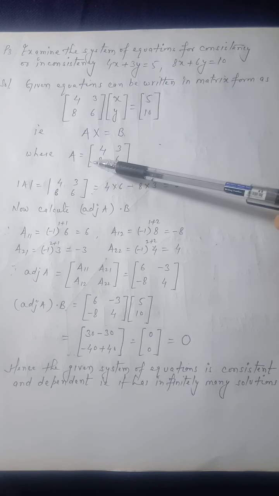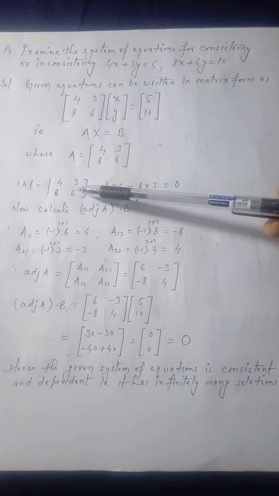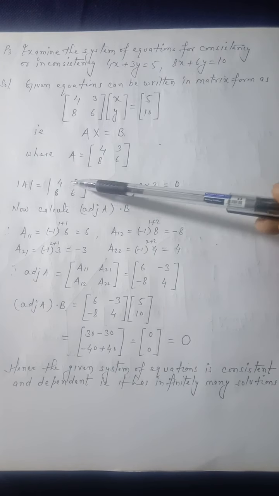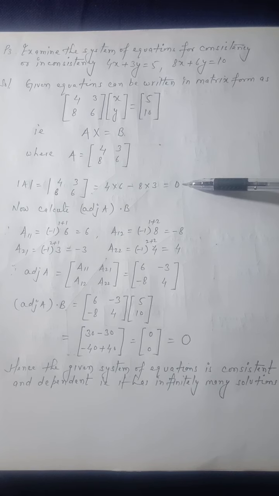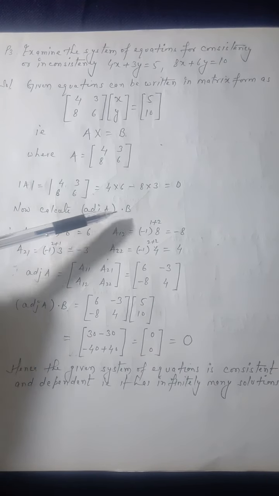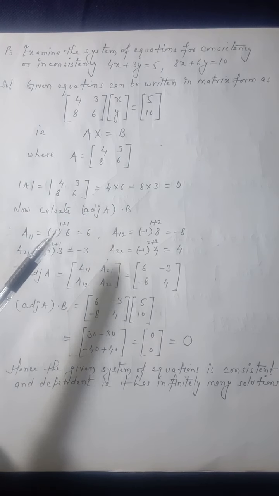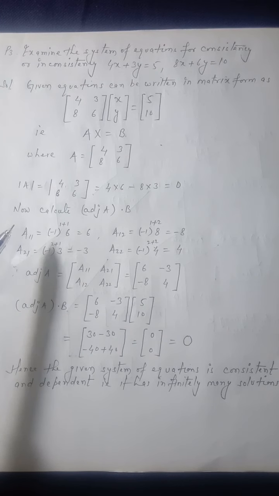First step, find out determinant of A. The determinant of A is equal to 6 into 4 minus 8 into 3, which is 24 minus 24, which is 0. So again we have to calculate another factor, which is ADJ of A into B. So adjoint of A into B means I am first calculating adjoint.